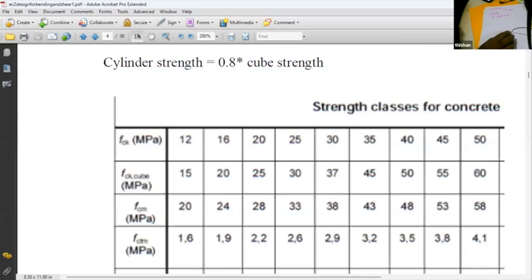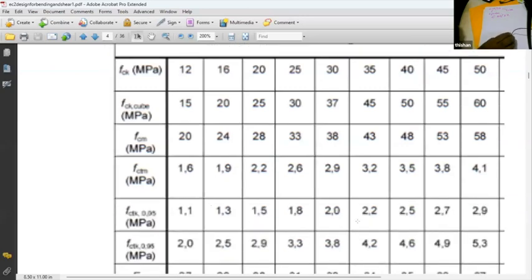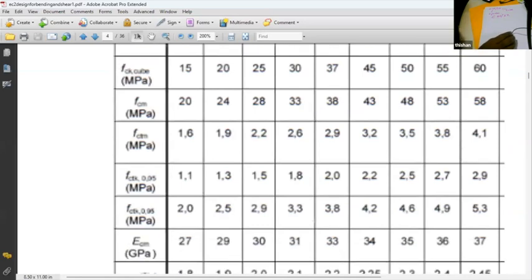These are the mean strength values. Then you get tensile strength values, which are useful for pre-stressed concrete design, but not generally for this. But the most important other parameter is the elastic modulus. You can see the lowest quality concrete has only about 25, 26, 27, whereas high strength concrete has something like 37, and extremely strong concrete like 105 megapascal would have about 42.